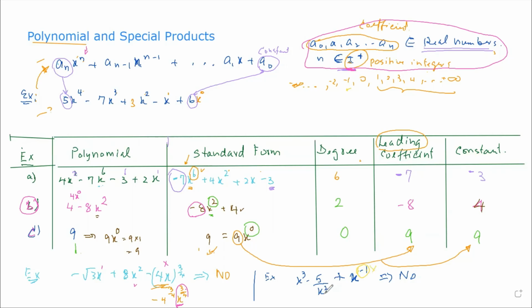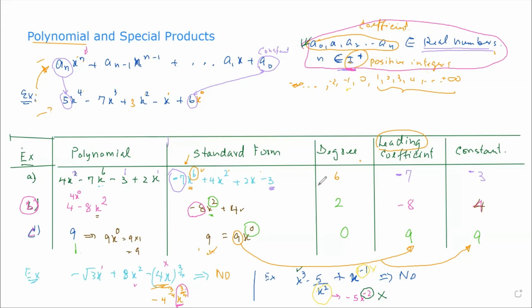So it's wrong here. And also this one, if you convert this term, it becomes -5 x power -2. Then you see the index is not a positive integer, so this one is wrong right there. But this term is okay. But as long as you find one or two terms that are not in the condition, again you say no.